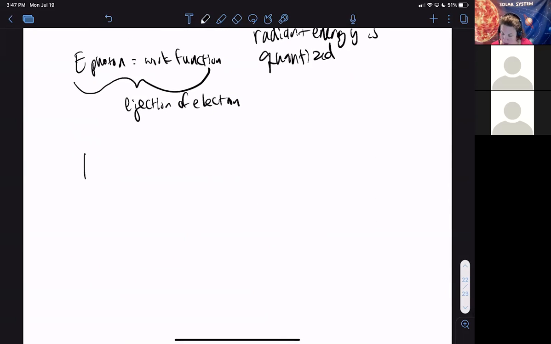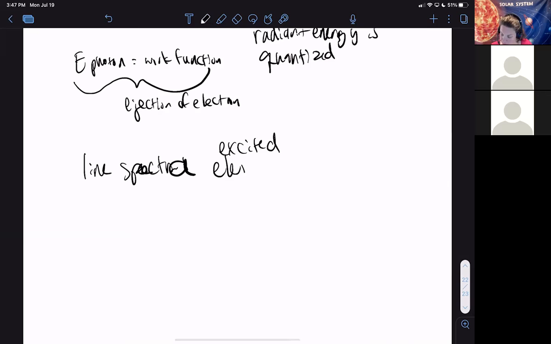And then the last phenomenon, I guess, is the idea of line spectra from excited elements. So they initially saw this with hydrogen.